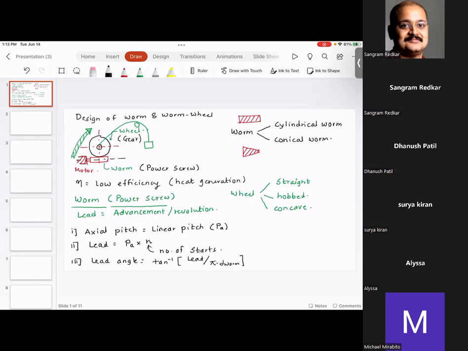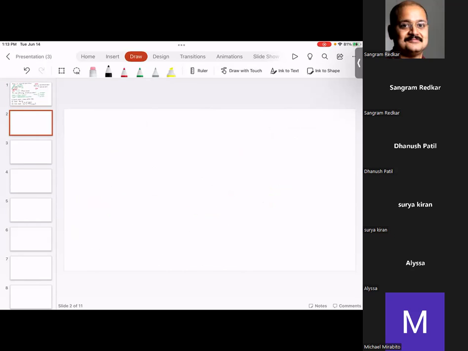And the last thing I want to talk about, and it would be a good time to open up your textbooks and look at table 31.1, is the tooth pressure angle.